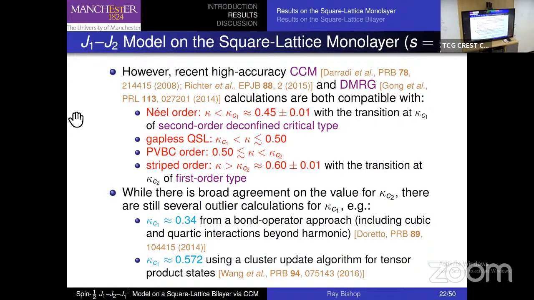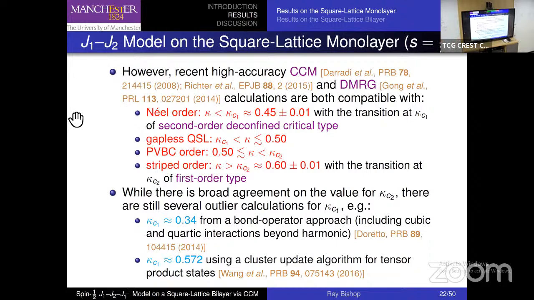Probably the best of the recent calculations on this model have been done using the CCM and using the DMRG, and looking very carefully at those and really trying to be neutral about how good these calculations are, these probably are the best.